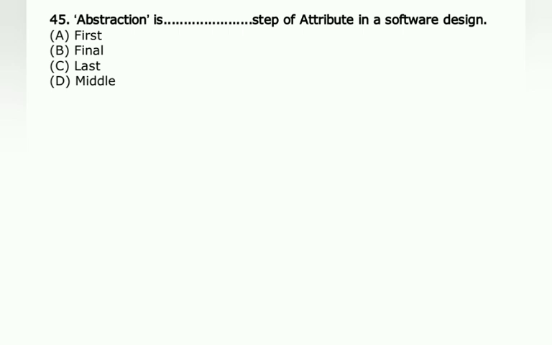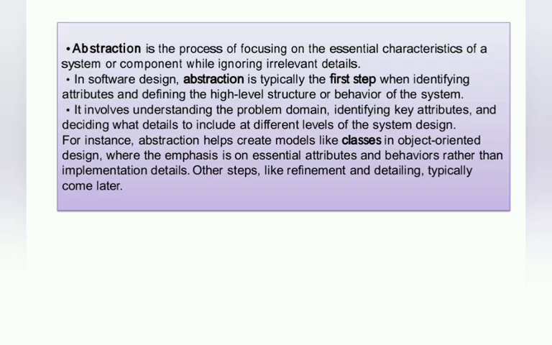Grady Booch mentions abstraction, encapsulation, modularity and hierarchy as the fundamental design principles, where abstraction is the first step of the attribute in software design. So option A is the correct one.